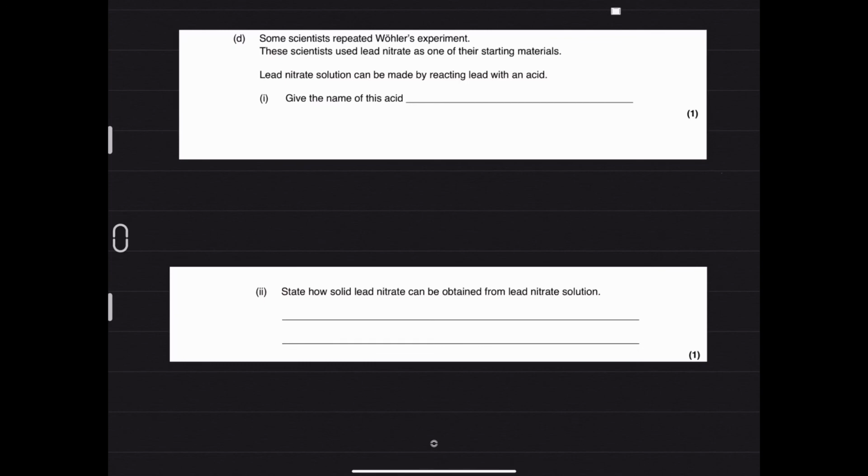They're asking us, what is the name of the acid? So we're given the salt, lead nitrate, and they want us to give them the name of the acid. And the name of the acid is nitric acid.